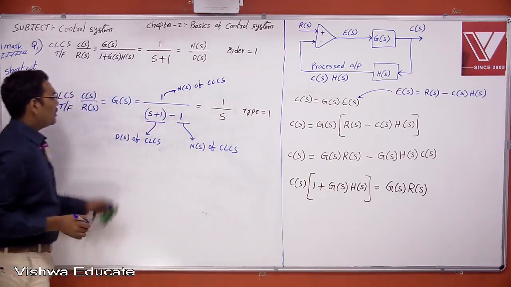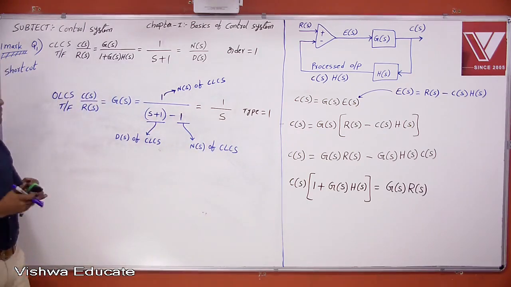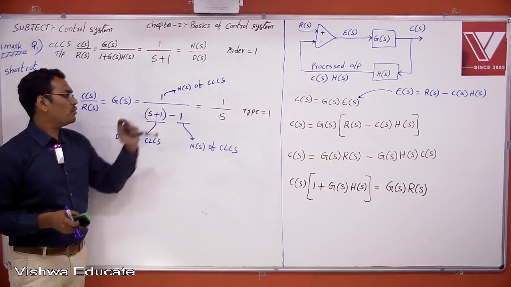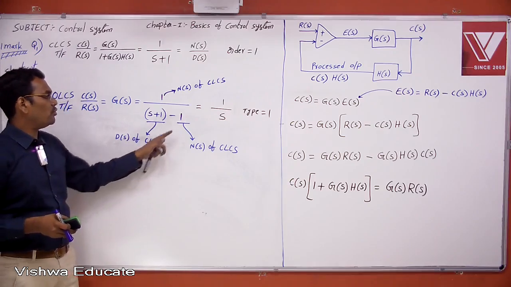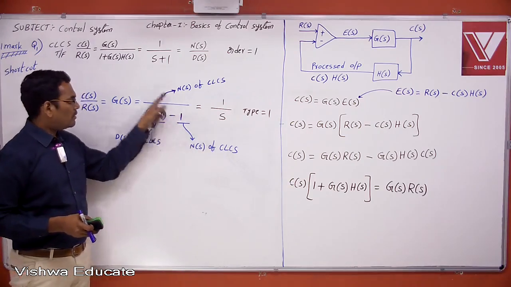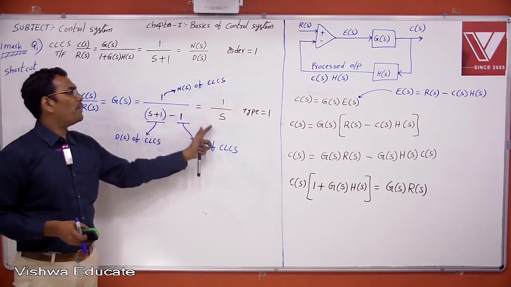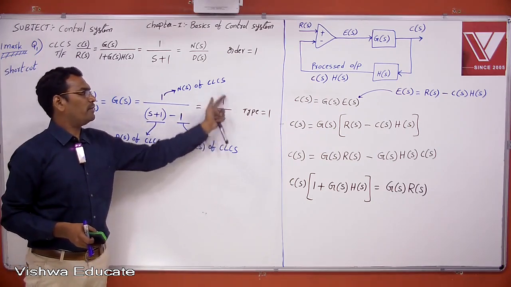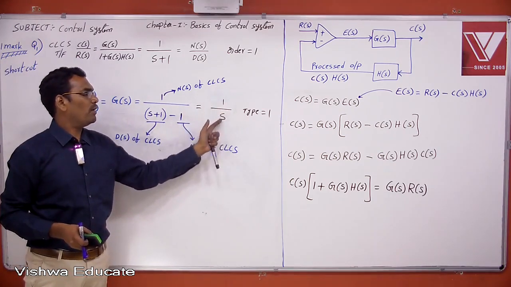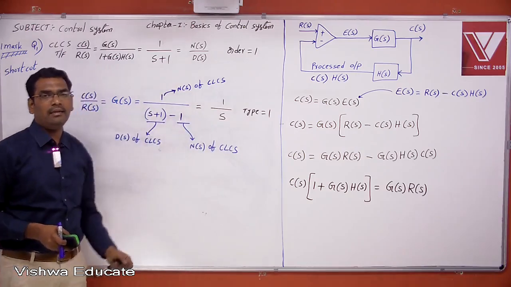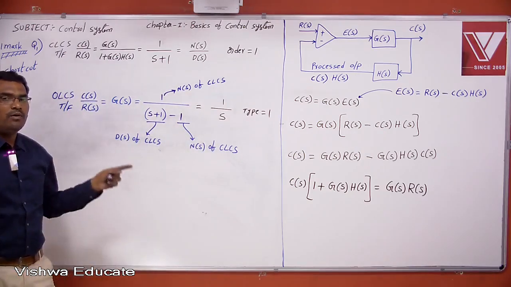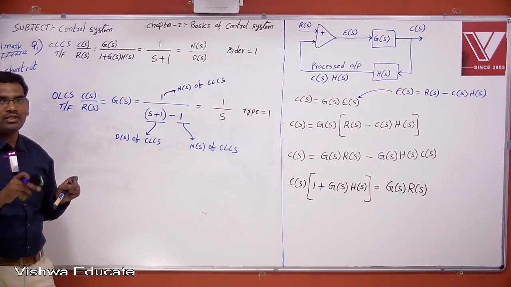If you substitute these three parameters, you finally get the open loop transfer function G of s equal to 1 by s and type equal to 1 directly. Previously, you were doing cross multiplication, cancellation and all these things.